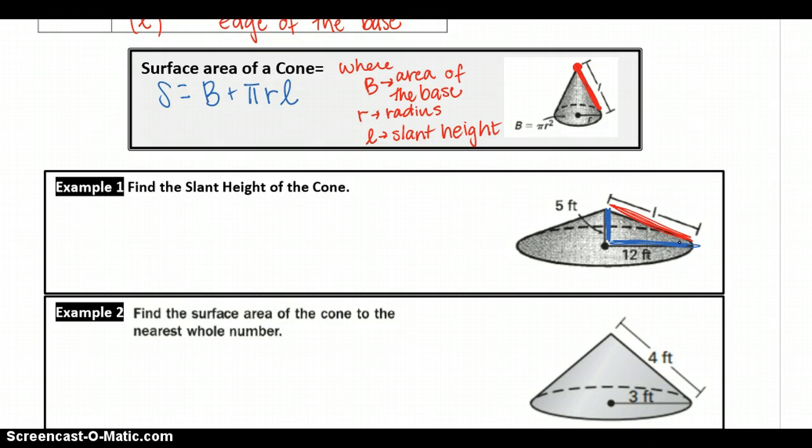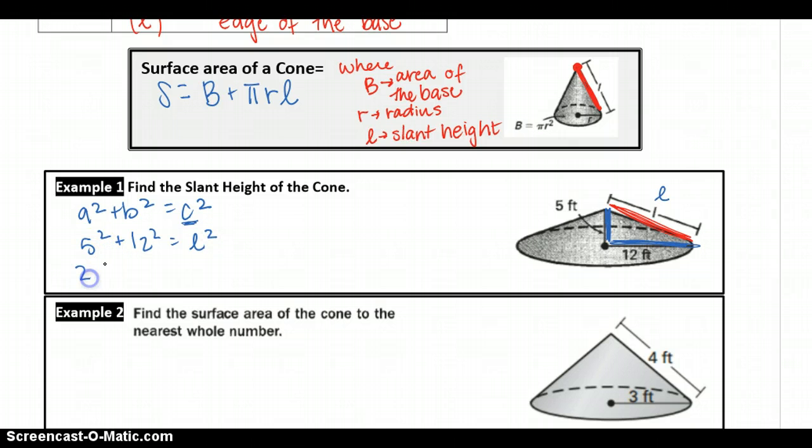So if it is a right triangle, we can use the Pythagorean theorem that says a squared plus b squared equals c squared. C is always our hypotenuse, or our longest side, which in this case is our slant height L. So we're going to have 5 squared plus 12 squared is equal to L squared.